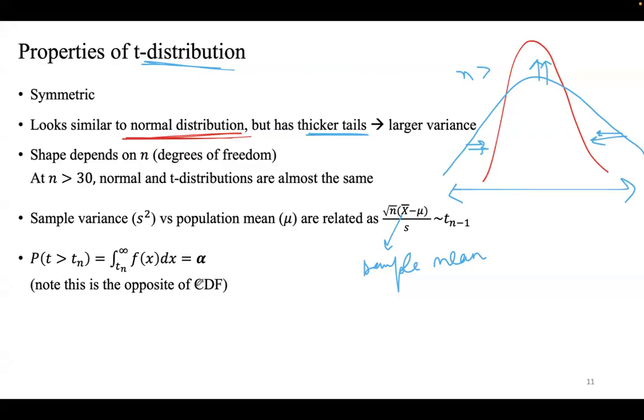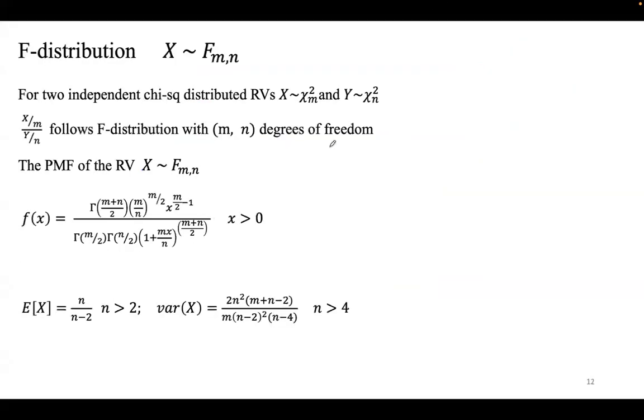Okay, so we are done with chi-square distribution. We also talked about t distribution. The next thing we talk about is F distribution. So we started off with chi-square, where we are just taking standard normals. Then we talked about t distribution, where we are taking one standard normal and one chi-square. Now we are talking about two chi-square distributions.